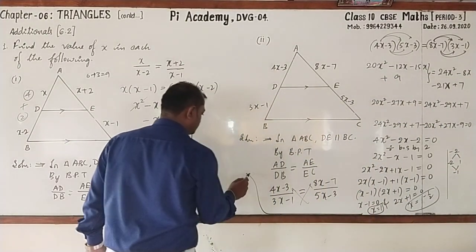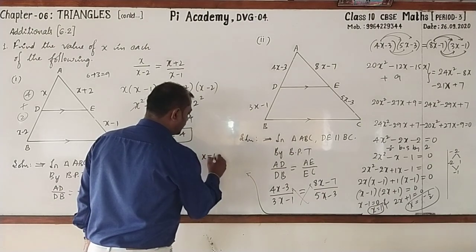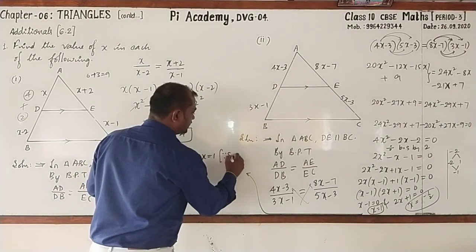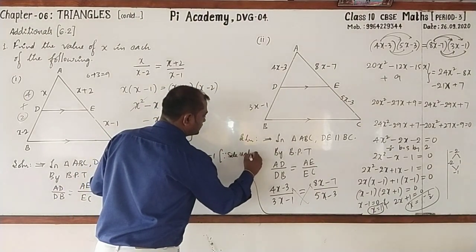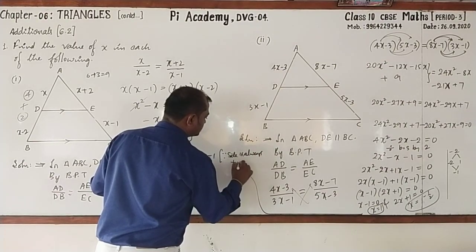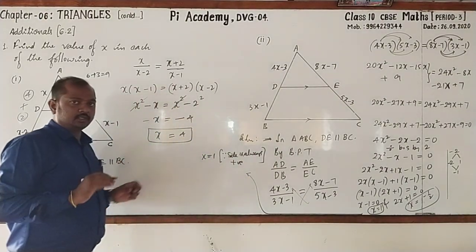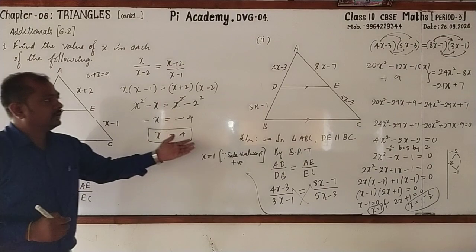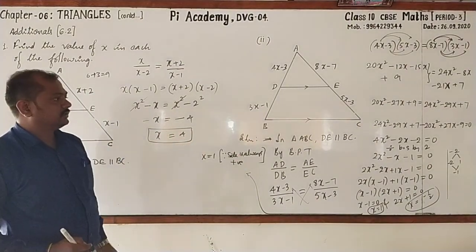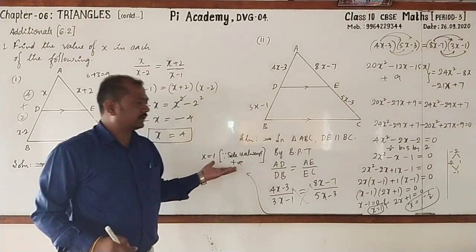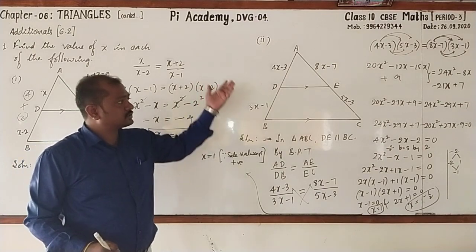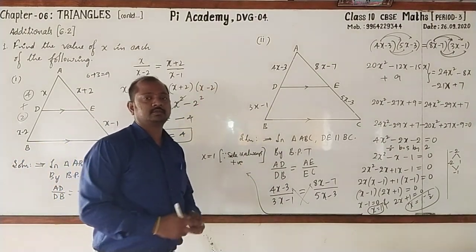See that x equal to 1 because side is always positive. Understood? Yes. Cross check that. If you have written correctly, it's okay. If not, just go for copying it.